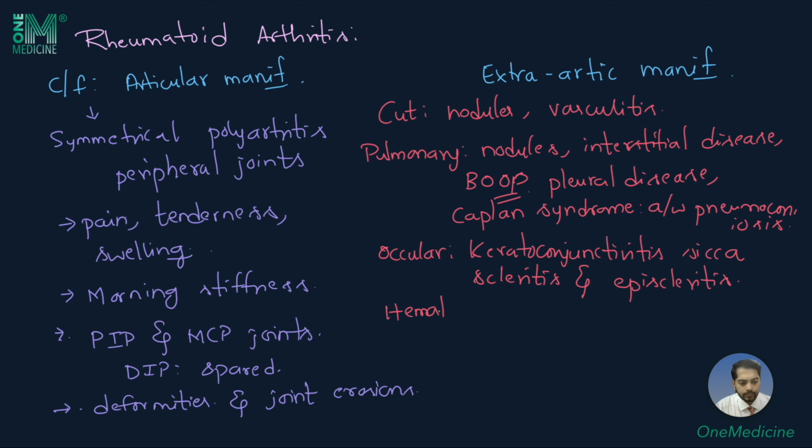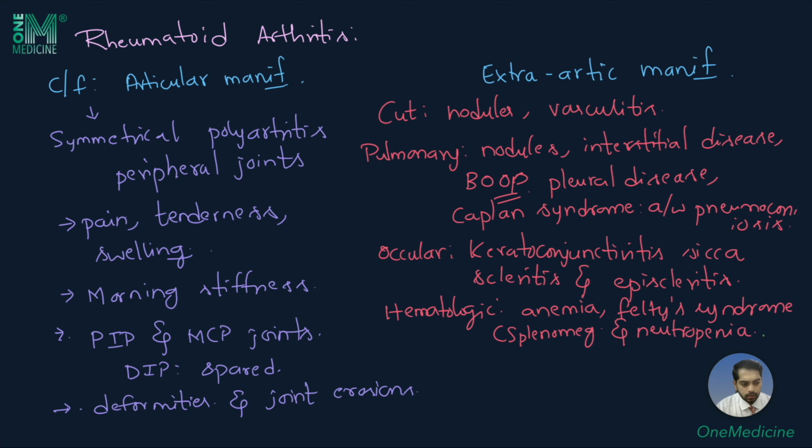Hematologic includes anemia of chronic disease, Felty's syndrome, which includes splenomegaly and neutropenia. Cardiac manifestations include pericarditis and myocarditis.